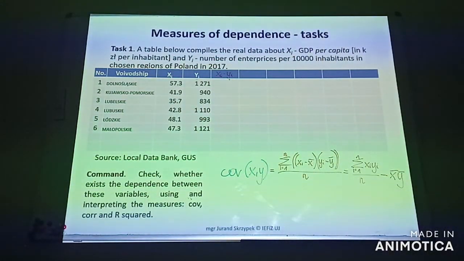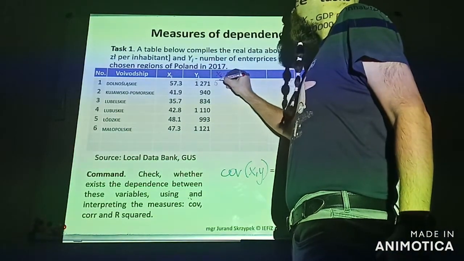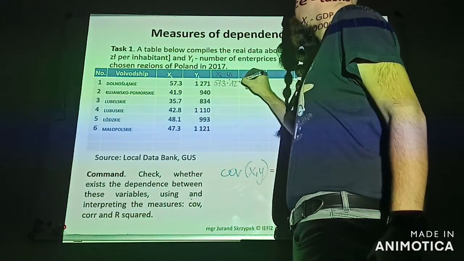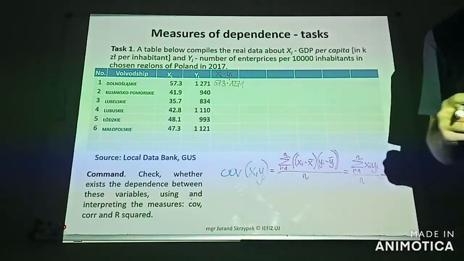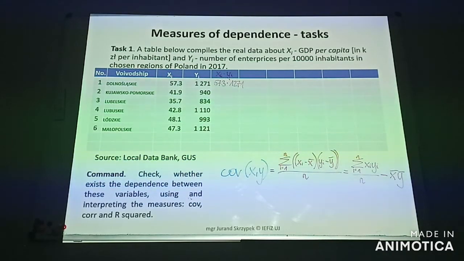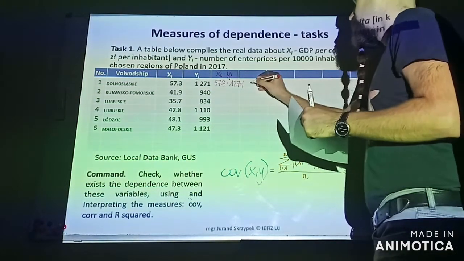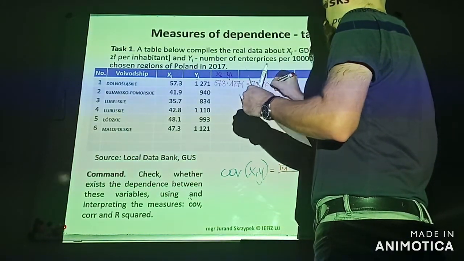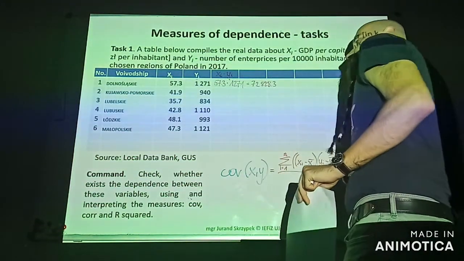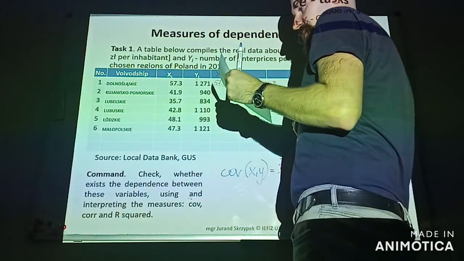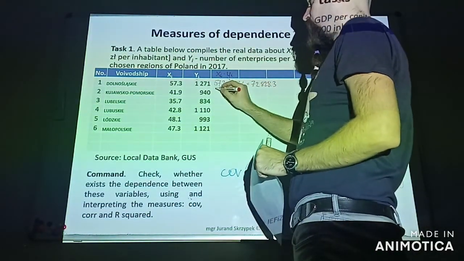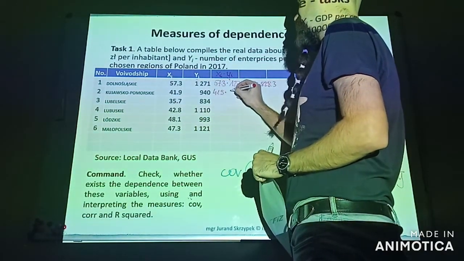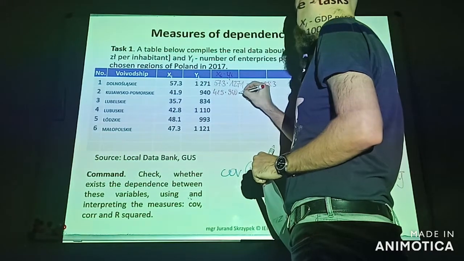In the first row, we have 57.3 multiplied by 1271, and the result is 72,828.3. In the next row, we multiply 41.9 by 940.